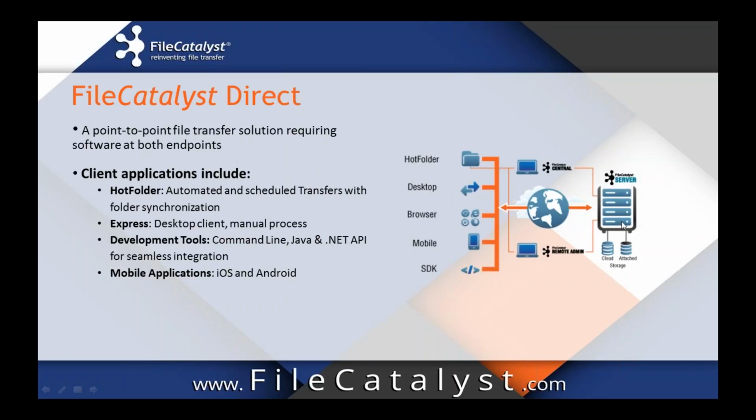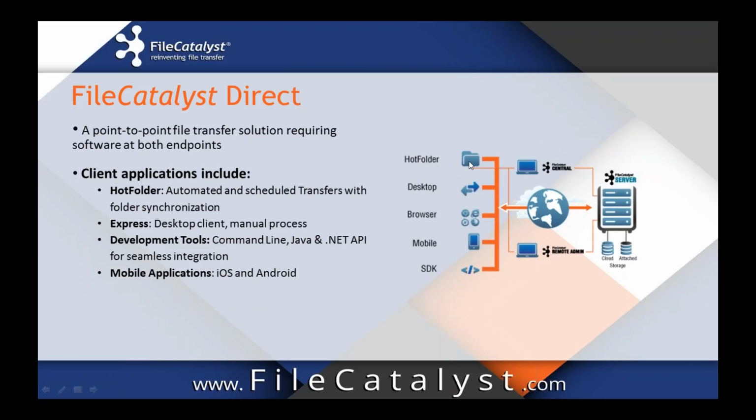In the case of a local system, it's a local server attached to storage. All the paths can be accessible via UNC, so just // notation. And then you have your internet connectivity. Once again, it's simplified. There will be firewalls and DMZs and everything, but I just want to keep it simple for the illustration. And then you have different client applications that can either upload or download files from the server.